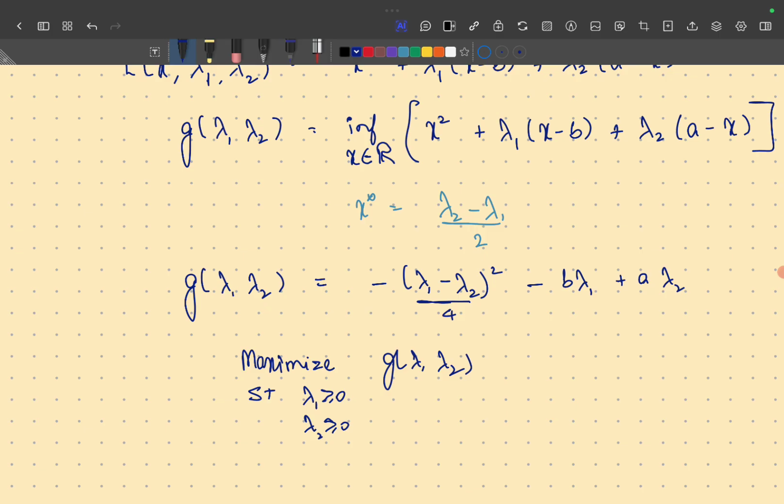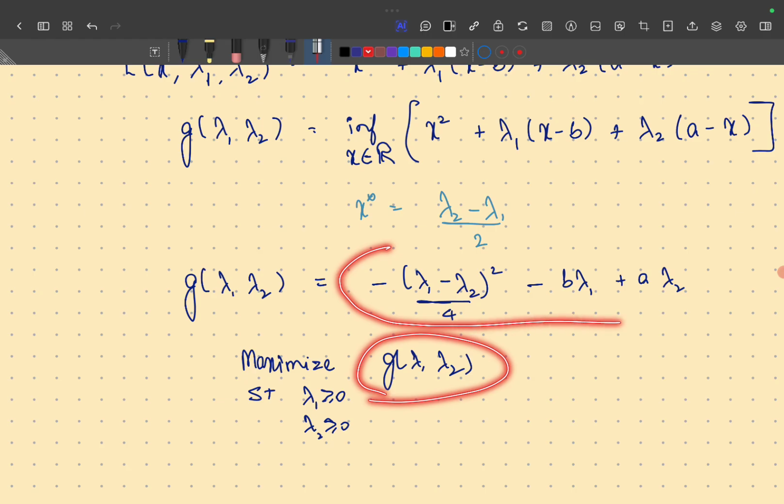What can you say about this particular objective function? So this objective function g, which is equal to this, what kind of a function is it? Concave.